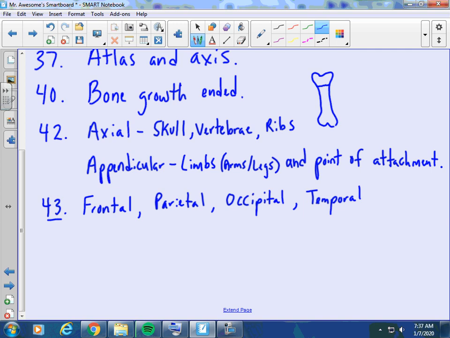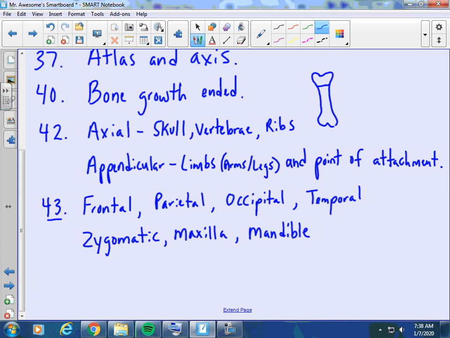I might also put a note that we have the zygomatic, and that's your cheekbone. And then, going with the next question, the two facial bones that actually bear teeth are the maxilla, which has the upper teeth, and the mandible, which is the jaw and has the lower teeth.